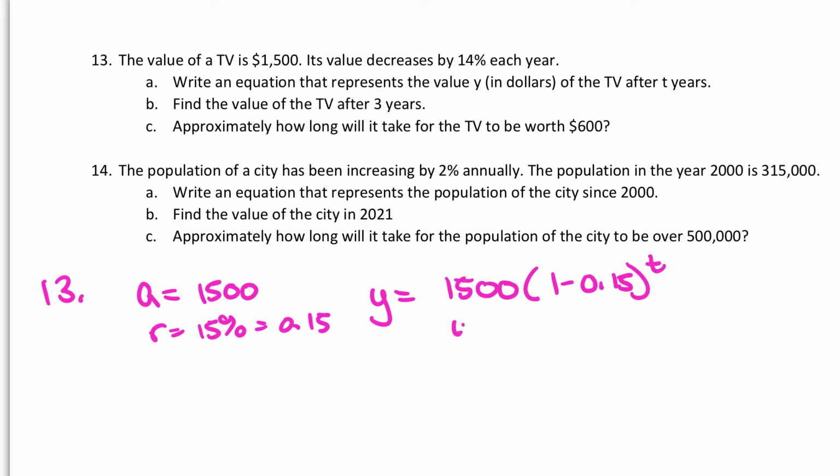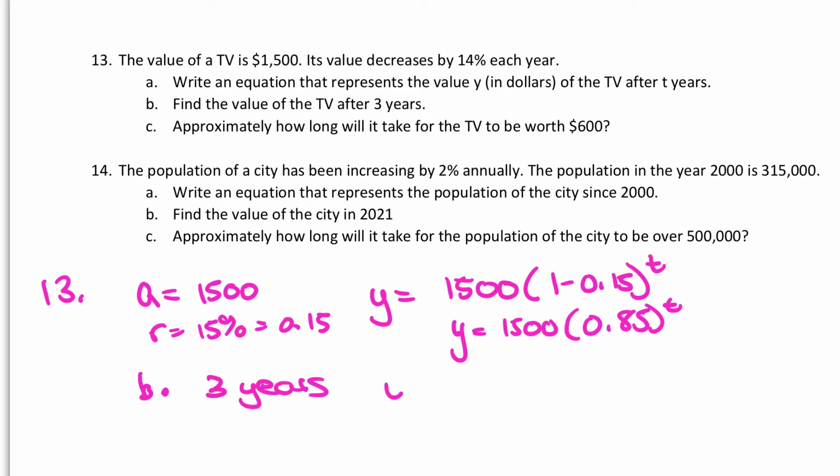We can simplify that as Y is equal to 1,500 times 0.85 to the T. And then it says to find the value after 3 years. So we're going to plug into our equation, Y is equal to 1,500 times 0.85 to the 3 years.